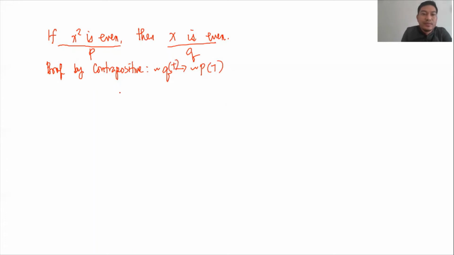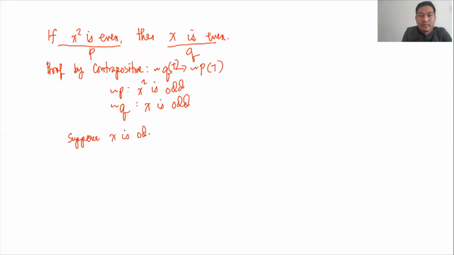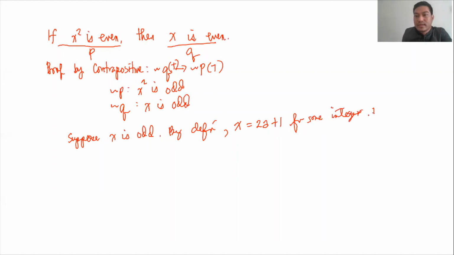So what we will do is get the negation of P. That means x squared is odd. And we also need the negation of Q, which is x is odd. So suppose the negation of Q is true, x is odd. By definition, x is equal to 2a plus 1 for some integer a.